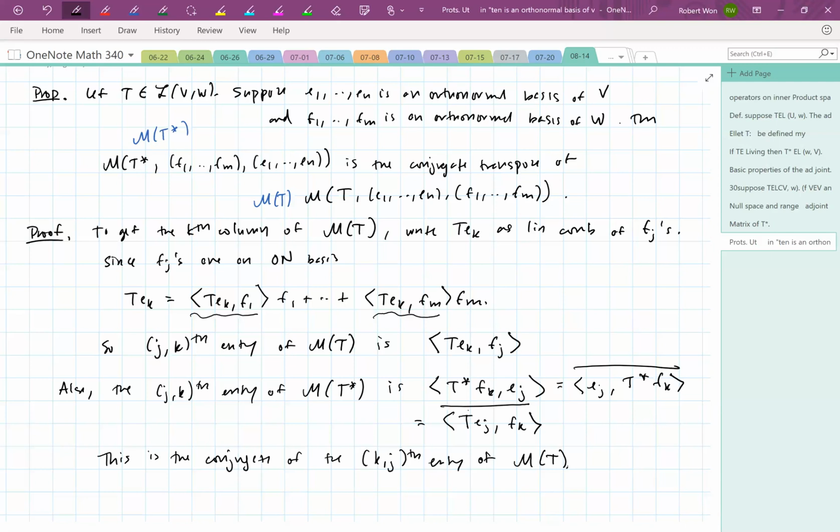That means that these two matrices are conjugate transposed to one another. And notice this really did rely on the fact that the E's and the F's formed orthonormal bases of V and W respectively.